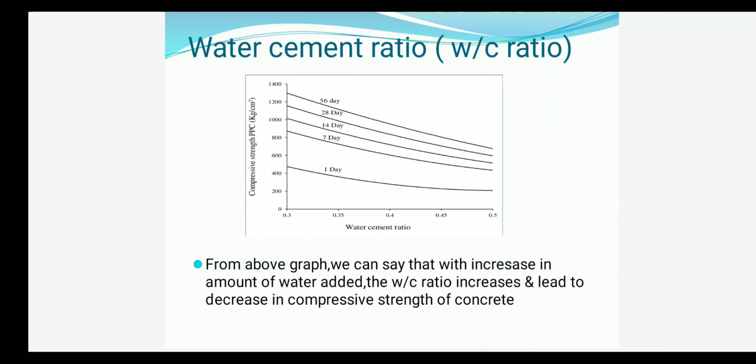The x-axis represents the water cement ratio, while the y-axis represents the compressive strength in kg per centimeter square. So from the above graph, we can say that with an increase in the amount of water, the water cement ratio increases, but it leads to a decrease in the compressive strength of the concrete. So in short, when the water cement ratio increases, the compressive strength of the concrete decreases.